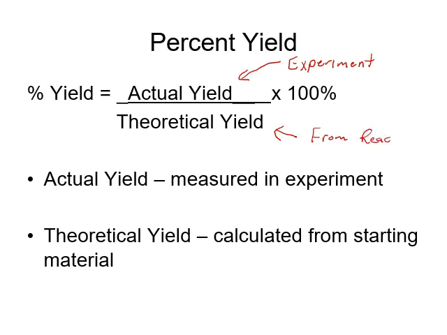To find percent yield, we take actual yield divided by the theoretical yield times 100%.